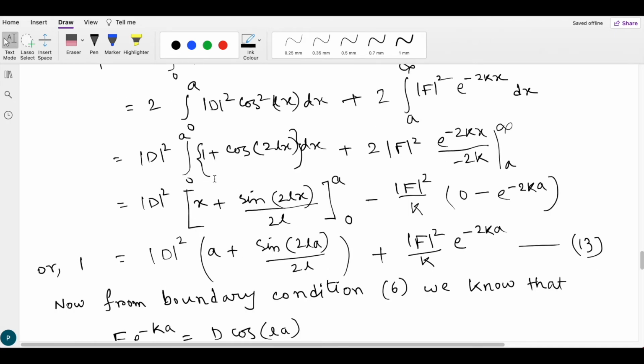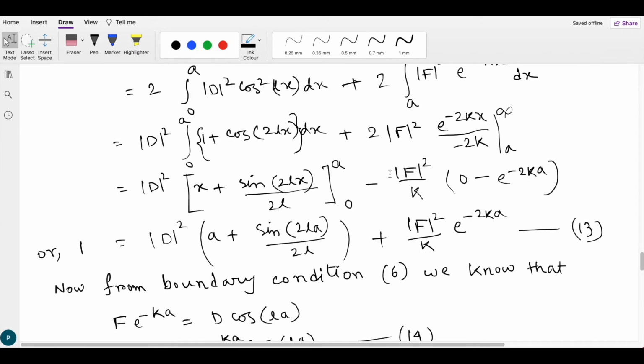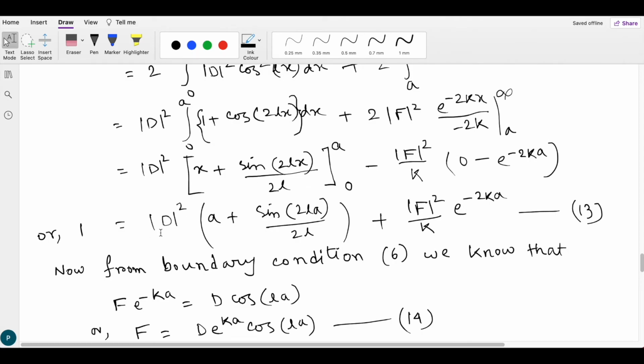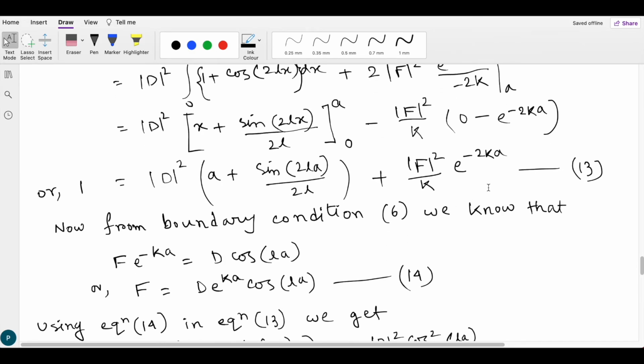The integration of 1 is x, and of cos 2lx is sin 2lx by 2l, and the limit is 0 to a. After putting in the limits, we get 1 equals d square into a plus sin 2la by 2l plus f square by k e to the power minus 2ka, equation 13.